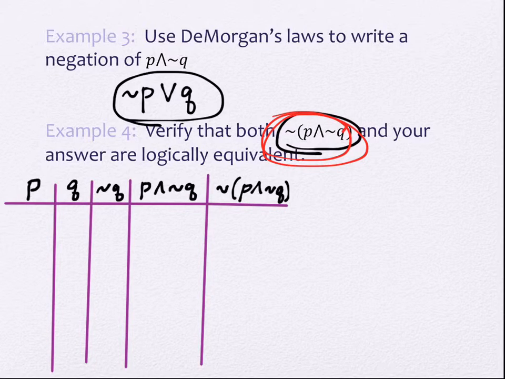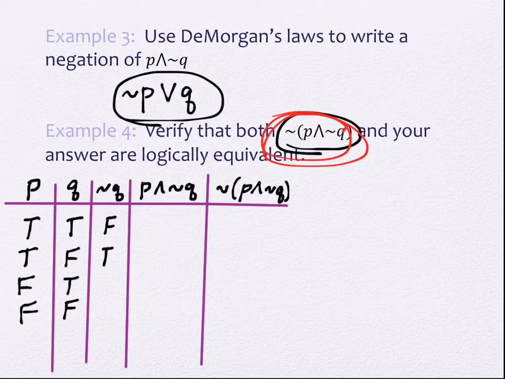Okay. What goes in the P column? True, true, false, false. What goes in the Q column? True, false, true, false. What goes in tilde Q? We already did this too, right? False, true, false, true. I'll remind you how we do this. We look at the correct columns.